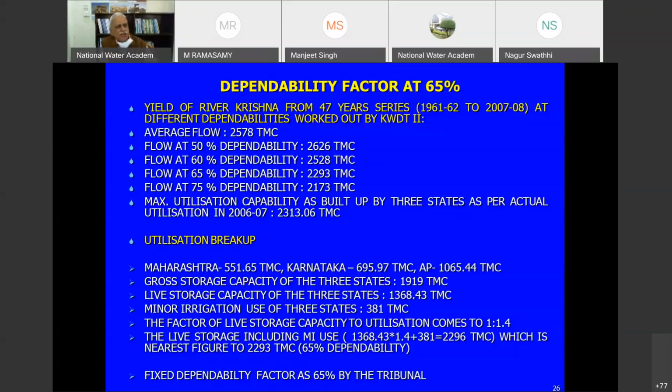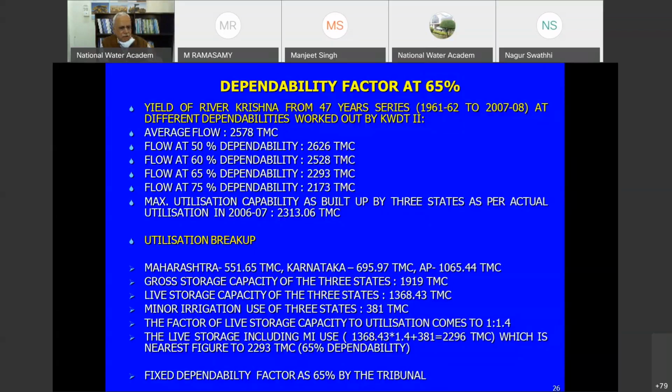So the factual position has been recorded by this honorable tribunal, and this tribunal has also observed that there are sufficient storages created already in the system, and therefore higher allocation can be considered. They have observed that the gross storage capacity of the three states is 1919 TMC, and the live storage capacity is 1368.43 TMC.